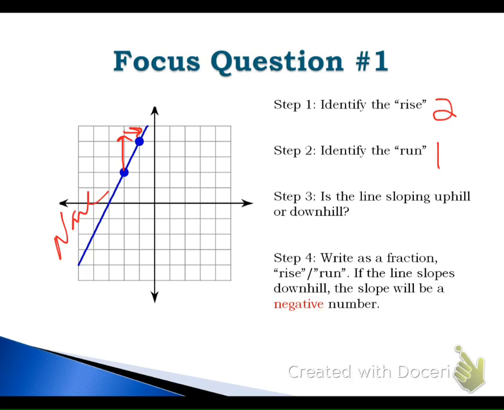So it's downhill. Or, I'm sorry, uphill. There we go, uphill. Therefore, we write this as a fraction. It's going to be a positive 2 over 1, or just 2 is your slope.